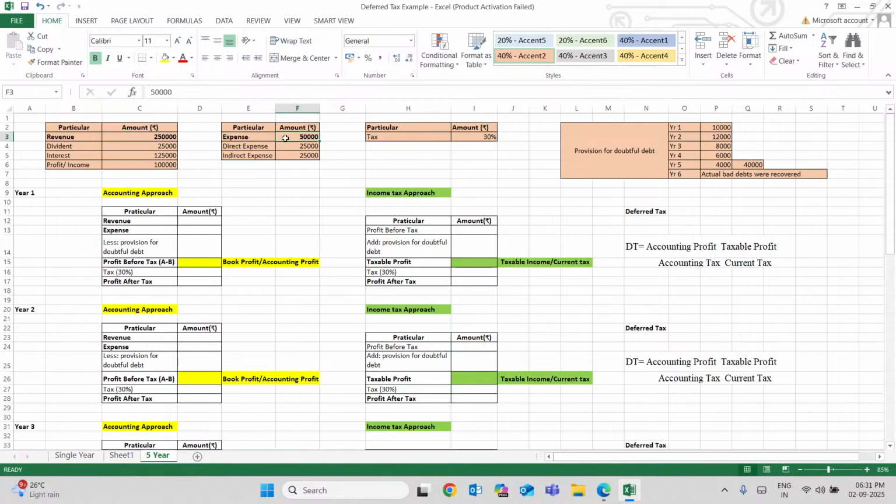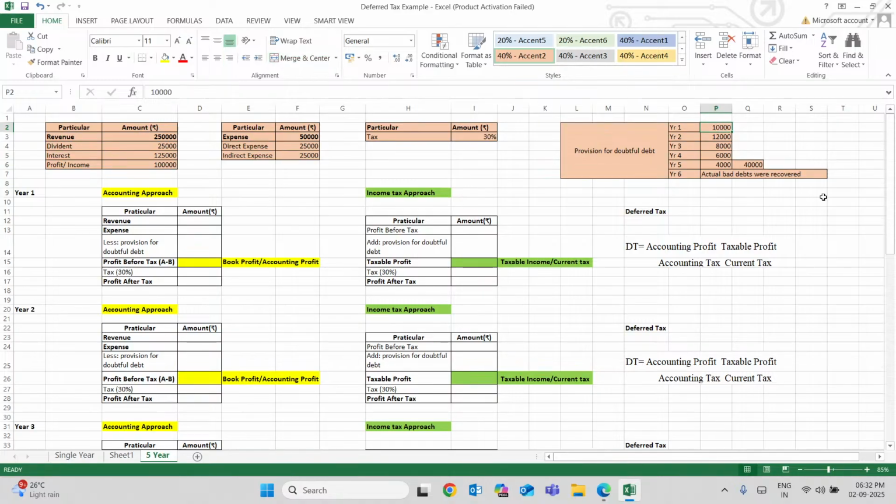Here we have the expense of 50,000, under which the direct expense is 25,000 and the indirect expense is 25,000. Under revenue we have a dividend of 25,000, we have an interest of 1,25,000 and profit of 1 lakh, right? We have here that the tax will be at 30%. We have a provision for doubtful debt right here. Instead of depreciation we are taking something new, that is a provision for doubtful debt, right?